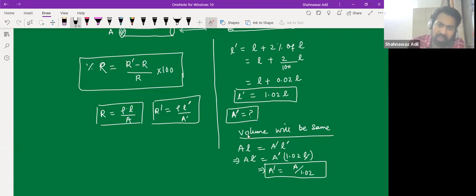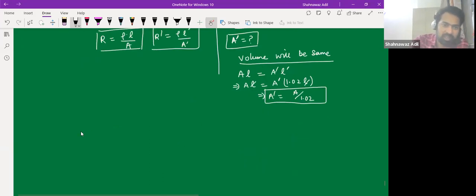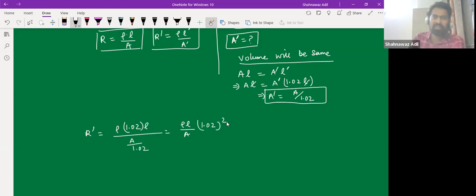Okay, now we have A prime, we have this L prime, so we can calculate what is R prime. So R prime is rho, L prime is 1.02 L, and A prime is A divided by 1.02. So this would be how much? This is rho L by A, 1.02 square. So how much is that?